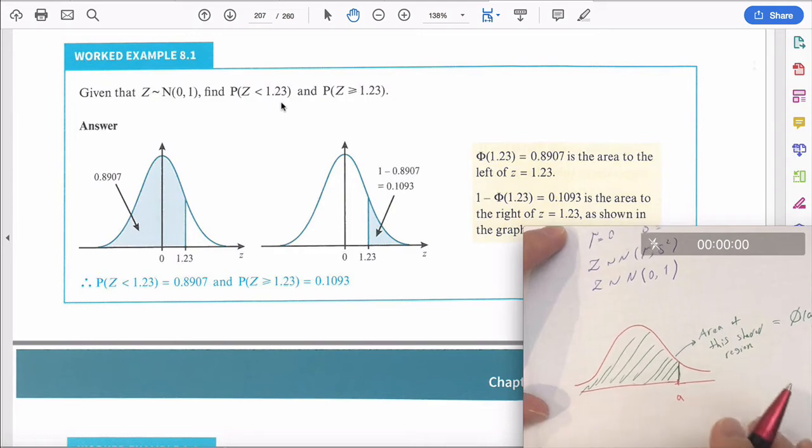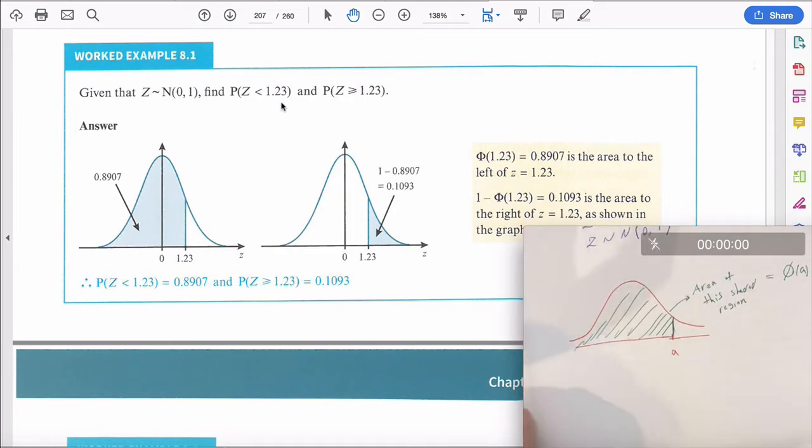Okay, now let's go back to the example. We saw that it has normal distribution, mu is 0 and 1 is the variance. It says find the probability of z less than 1.3. As mu is 0, mu is exactly the midpoint, the line of symmetry. So 1.3 lies somewhere here after 0.